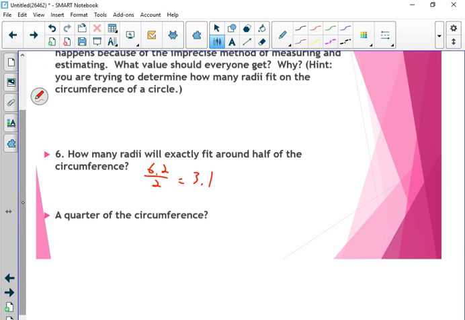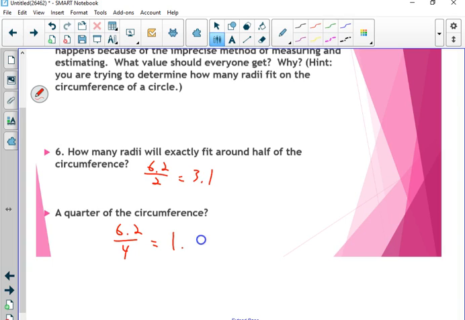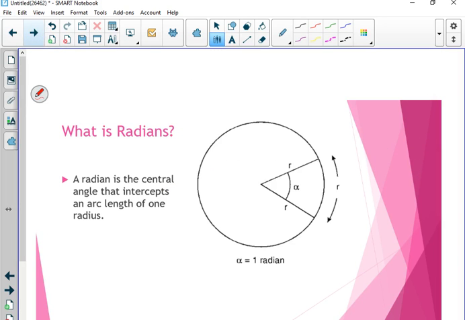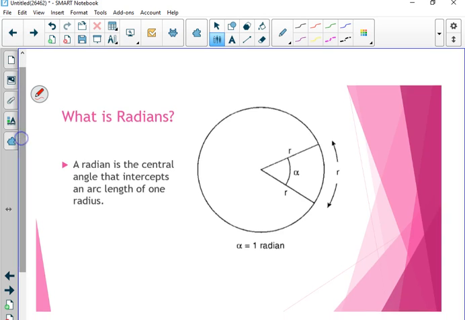And a quarter, 6.2 divided by 4 equals, 4 goes into 6 once, 2 left over. That's going to be 22, so 0.7. I lied, 0.55. Wasn't thinking. Approximately.